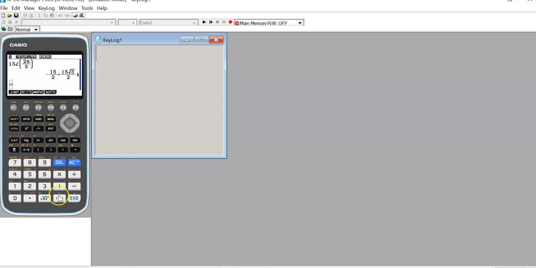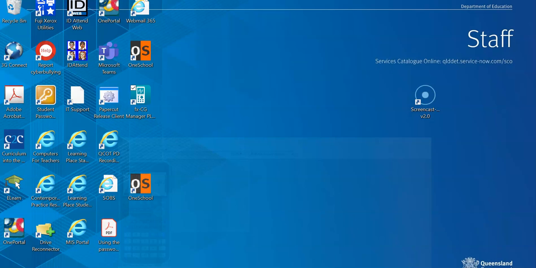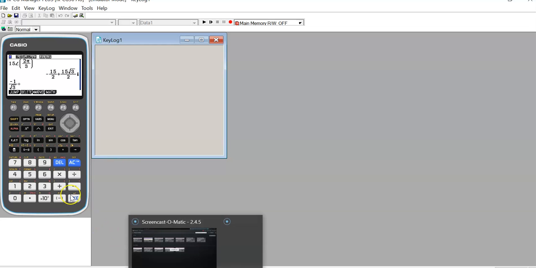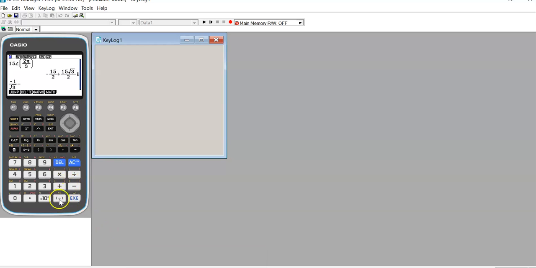So type in our calculator, negative 1 over root 3, minus, plus negative 1/3 I. So let's find this I.